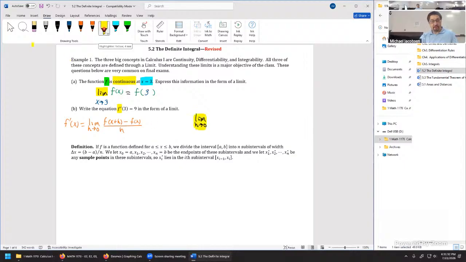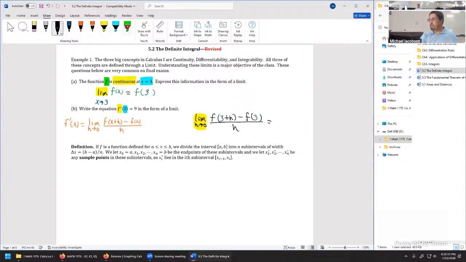So that's how the derivative is defined through the limit itself. It's going to be the limit involving this number here, 3. Let's write this as f at, in place of where the x is, put in a 3. 3 plus h minus f at 3, all divided by h.